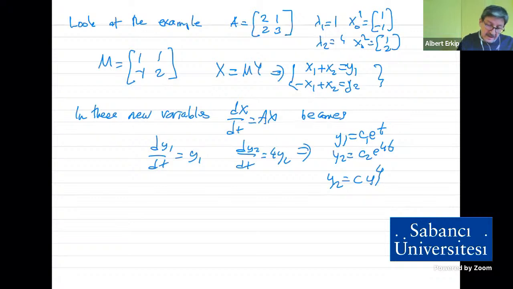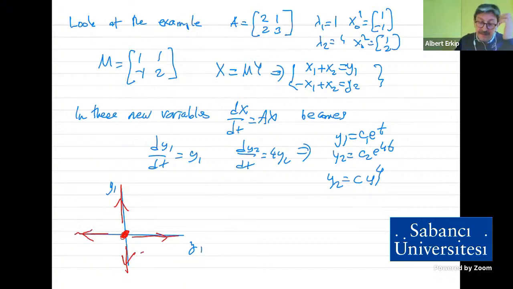You see, in these y variables, y1, y2, life is quite easy because I have again a fixed point at 0. A fixed point is always a fixed point. And then what are the trajectories? Well, I have these as certain trajectories, and then I have other trajectories.